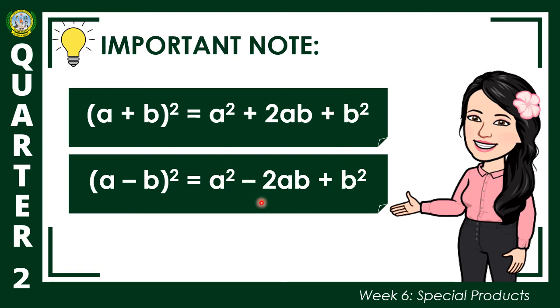Ang nagkakaiba lang lagi ay yung middle term. So, kapag difference po siya, yung middle term po natin, difference din or negative. Okay? So, yun lang yung palatandaan para guided kayo kung tama o mali yung sagot nyo. So, kung positive ang given or plus, syempre lahat sila plus dapat. And then, kung minus yung given, dapat yung ating middle term ay minus. Okay? So, let's have more examples on the next slides.